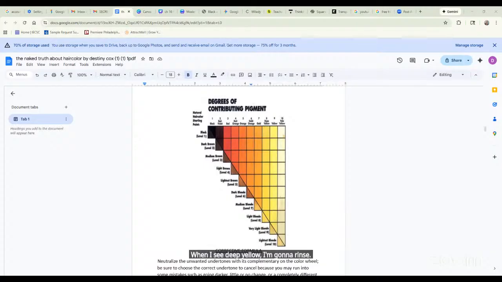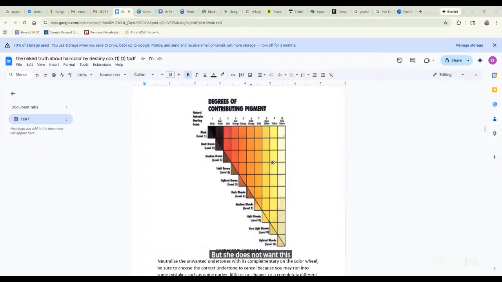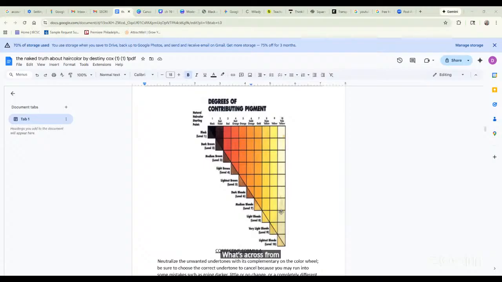The client wants this light blonde, but she does not want this intensity color here. She wants a settle light blonde. So I would need to cancel out that bright undertone. And since I see yellow and orange, what's across from orange on the color wheel is blue. What's across from yellow on the color wheel, violet.